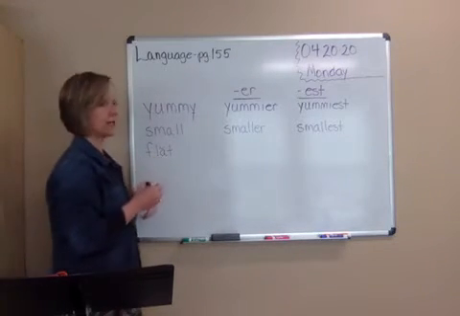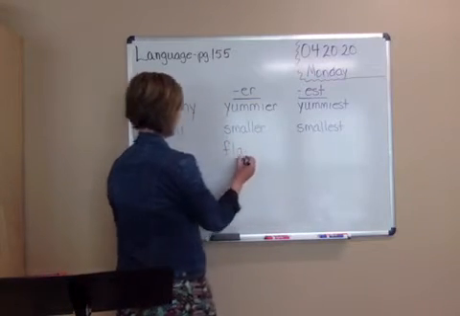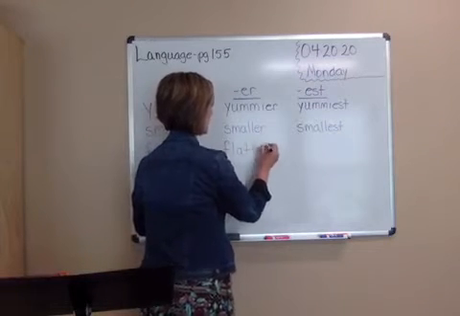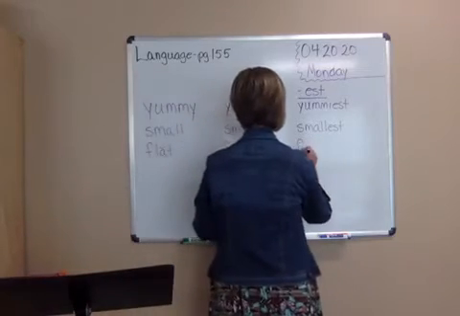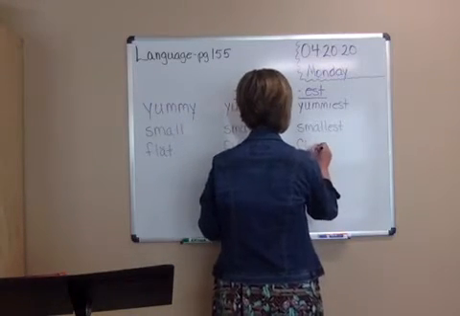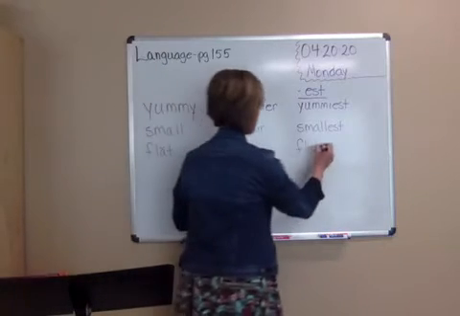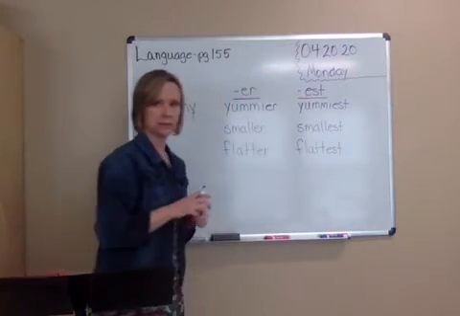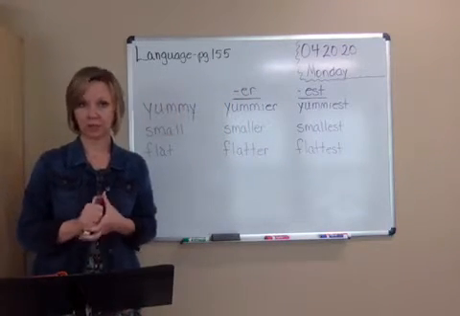So for flatter, we have FLA, two T's, TTER, flatter, and then flat. Now we're going to add EST. What do we need to do first? Right, write another T, EST, flattest. So just keep that in mind when you're writing your adjectives.